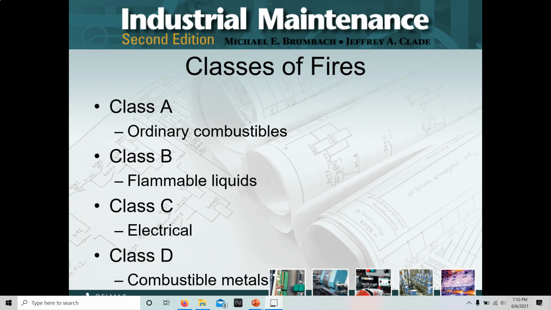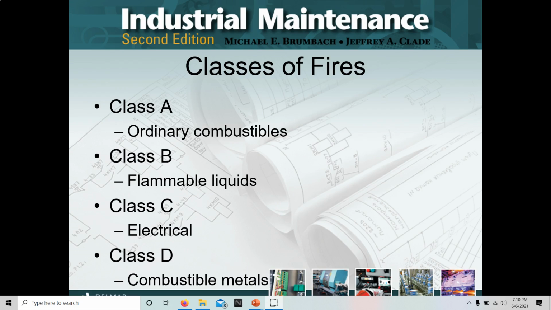Are you ready for this? Once you de-energize, once you take away the electricity, that fire now becomes like a Class A or whatever else is going on, because you no longer have electricity there and it's no longer an electrical fire. It's just a regular annoying fire.